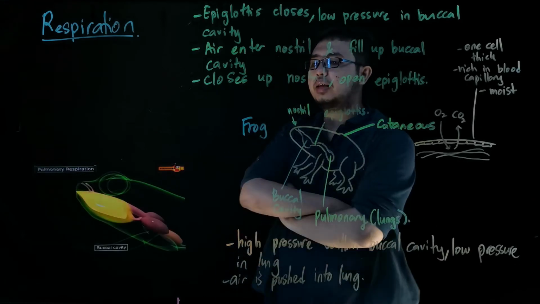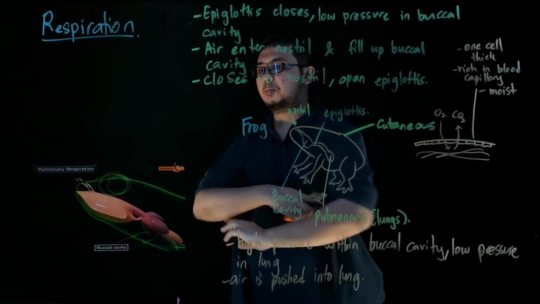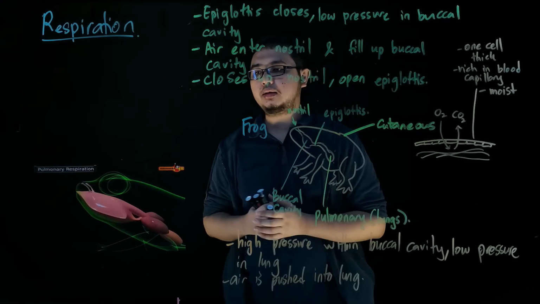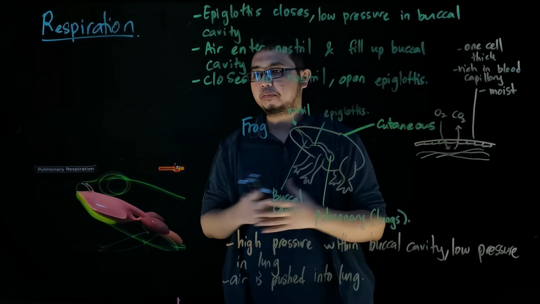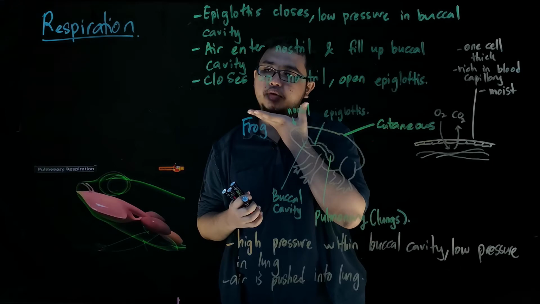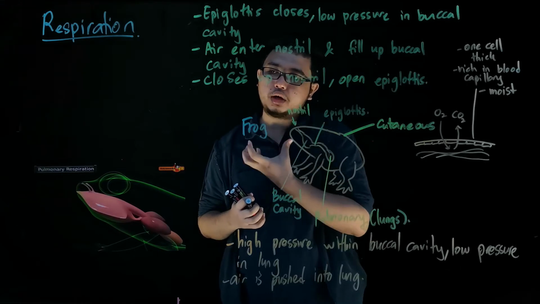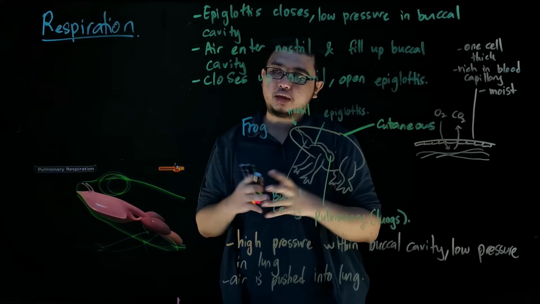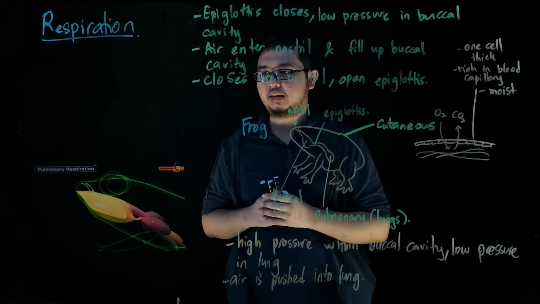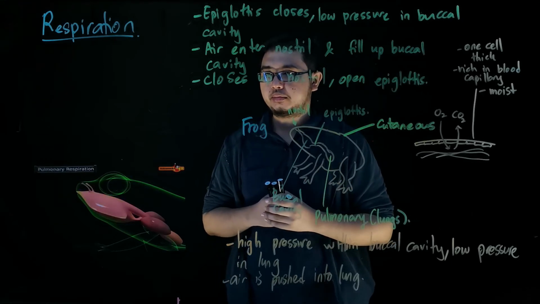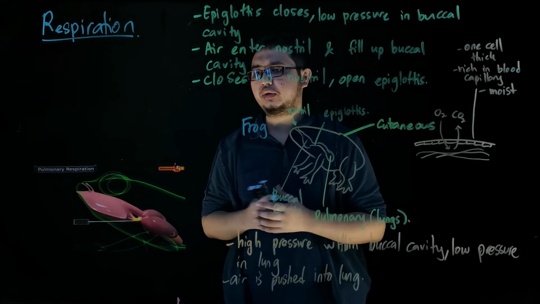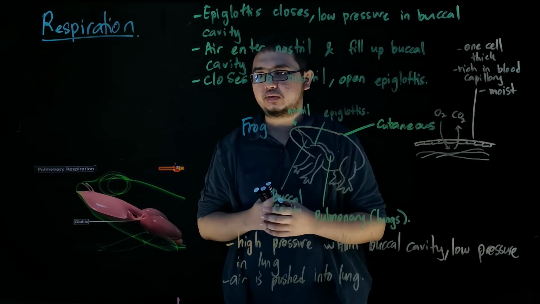So here, as you can see, the buccal cavity can expand, and as air enters, the buccal cavity gets filled up. The lower end of the mouth can actually go down, allowing the buccal cavity to expand as large as it can. So here you can see there's the epiglottis.